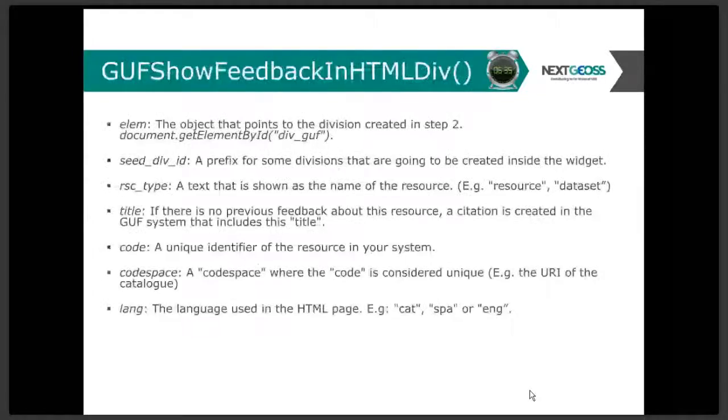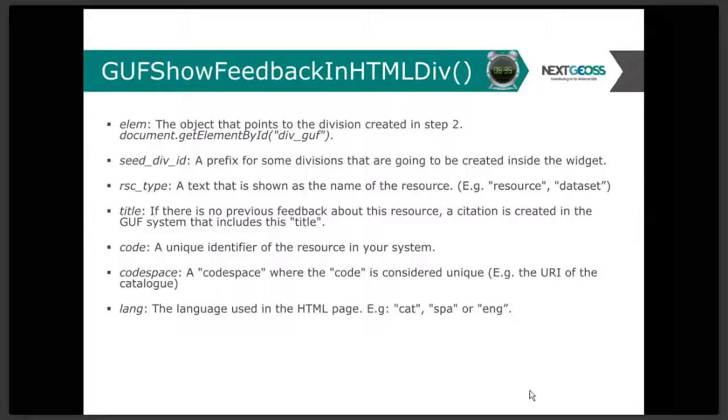There is the name of the division that you also have to provide, so the function knows where to place the Geospatial feedback. There is a prefix of other divisions that are going to be created in the widget. There is the name of the resource. You can put resource or dataset or map or whatever, and a title that satisfies you that is going to be used for creating the citation of this resource in the Nimbus system.